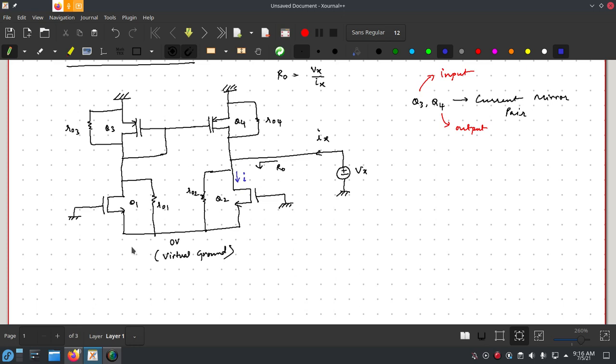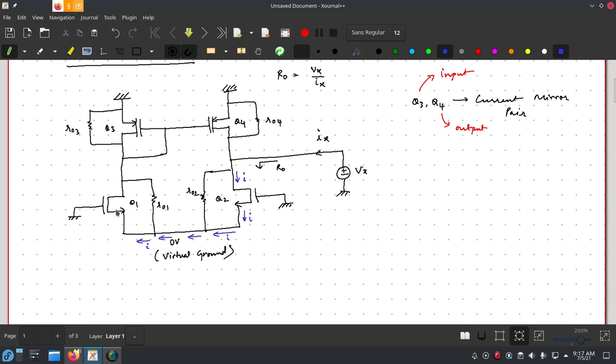Now this current I flows like this at the drain of Q2. Since the gate is grounded, the same current will flow through the source of Q2 also, the same I current.